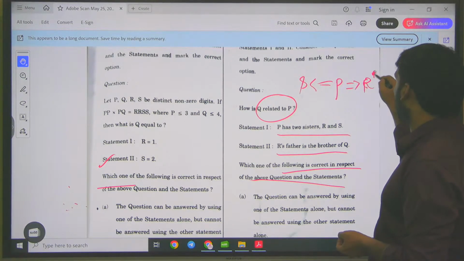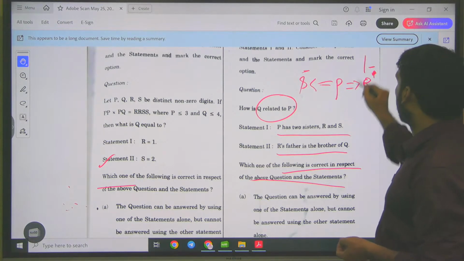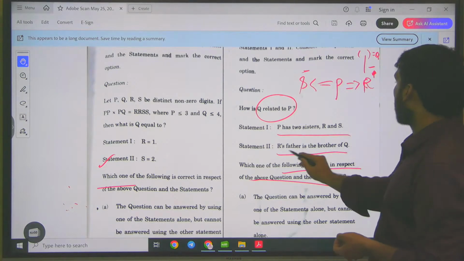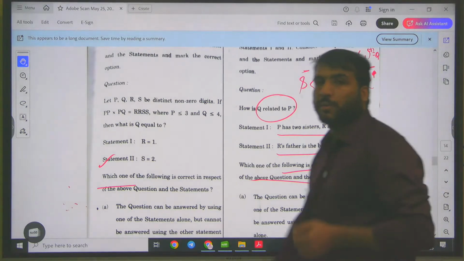Sorry, we don't know the gender, right? P has 2 sisters, and R's father is brother of Q. Now we don't know the gender of Q here.